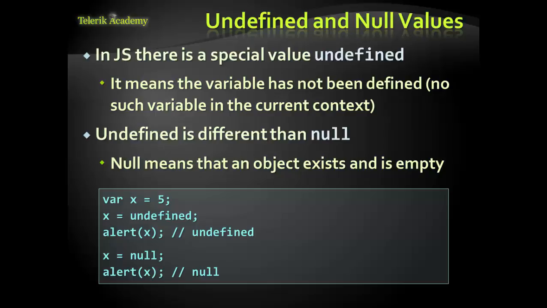Variables can also be undefined. If a variable is really not defined in the scope of your code, you can check whether its type is undefined. It's something unique to JavaScript because variables can come from anywhere, and names of variables can come from your global scope or from external files.